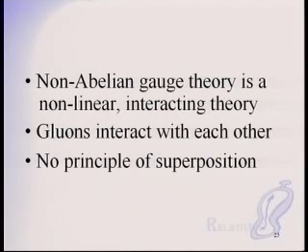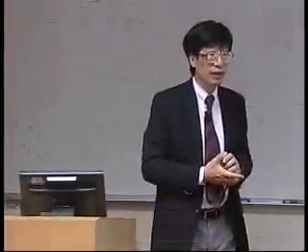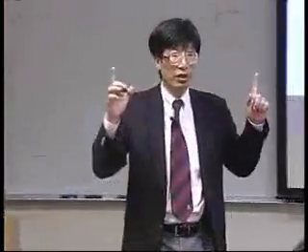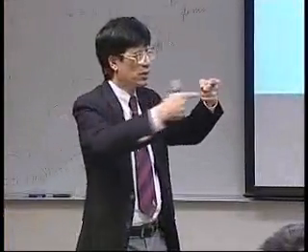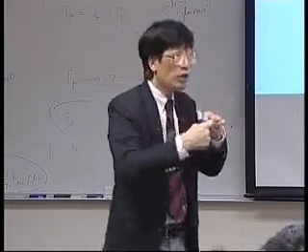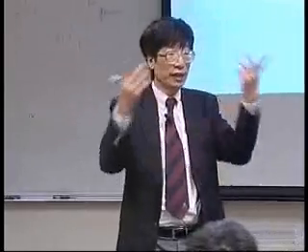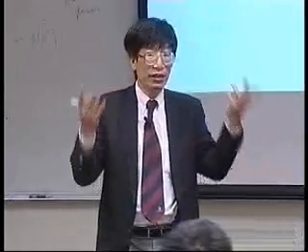The gluons interact with each other, whereas, remember, photons do not interact with each other to a very good approximation. If you have two photons coming together, they don't scatter. Okay? To say photons do not scatter actually is the same statement as something you learned even in high school, that in EM there is the principle of superposition.